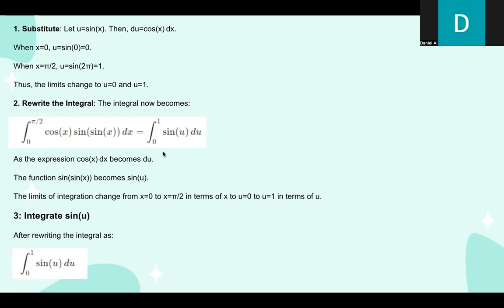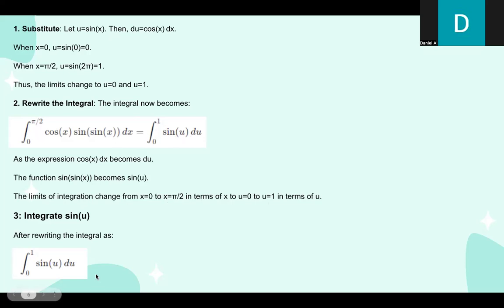As an expression, cosine x dx becomes du. The function sine of sine x becomes sine u. The limits of integration change from x equals 0 to x equals pi over 2 in terms of x, to u equals 0 to u equals 1 in terms of u, thus getting this right here, if you can see my mouse. Step 3, integrate sine u.